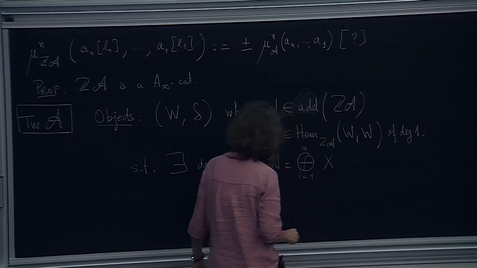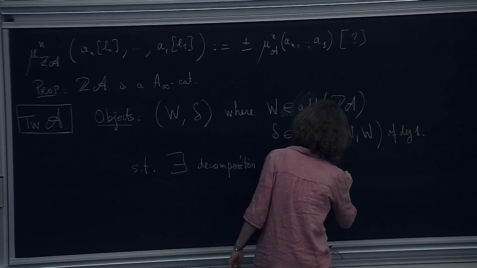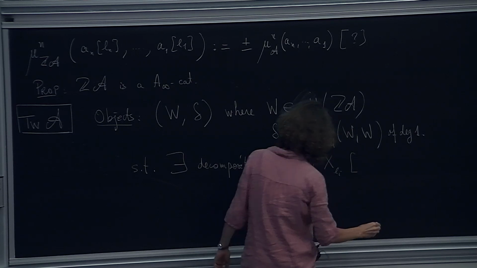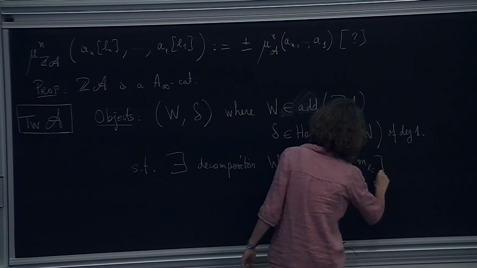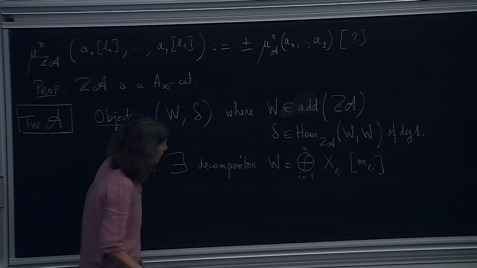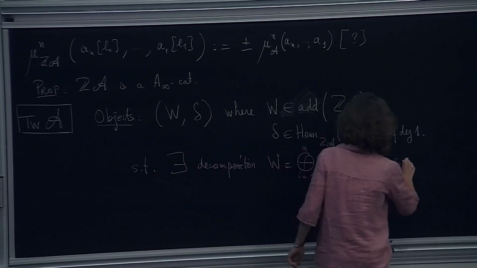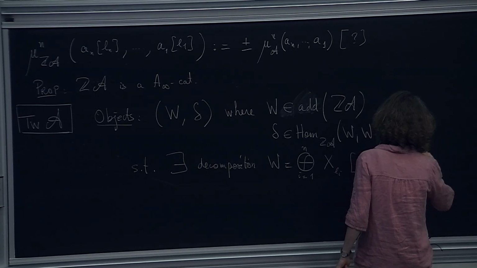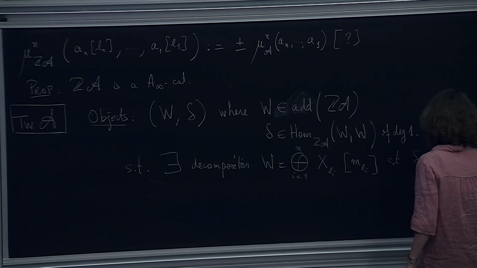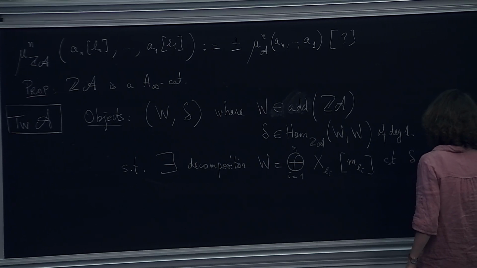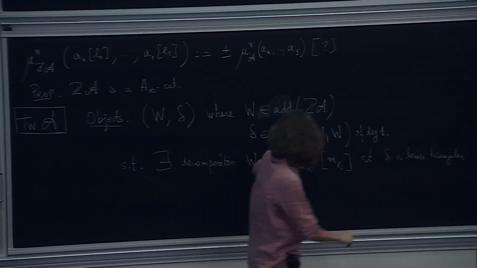So then it should be, I don't know, something like this, but such that delta is lower triangular when I decompose it into this.